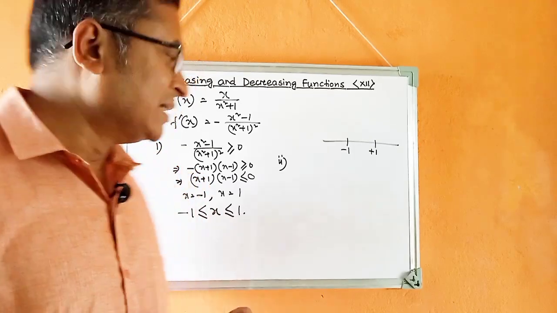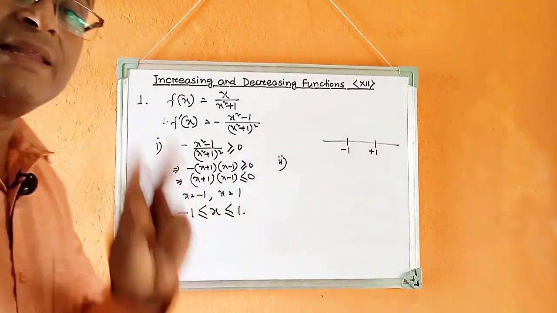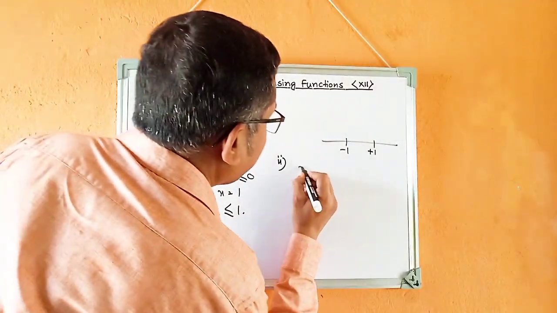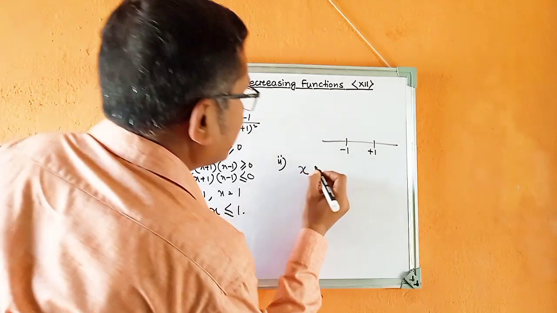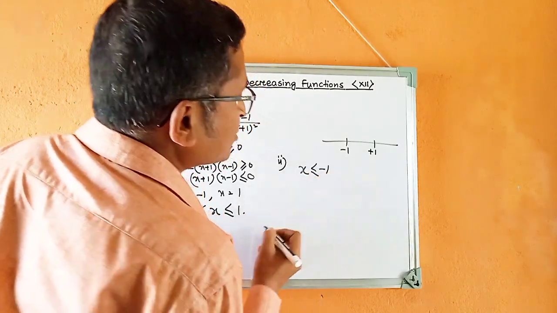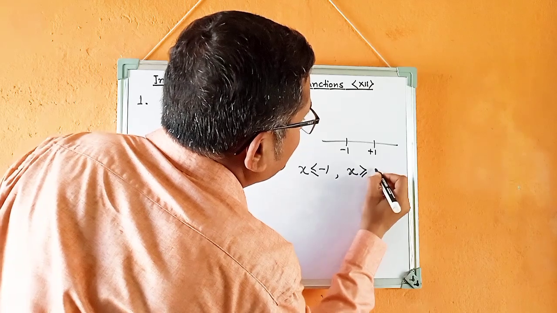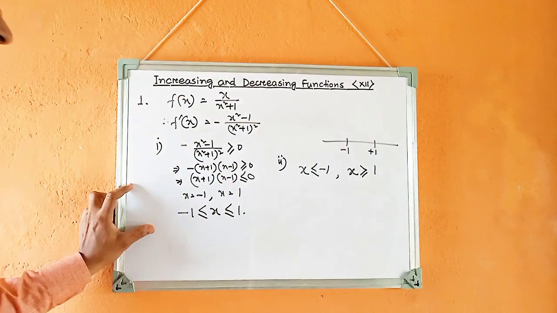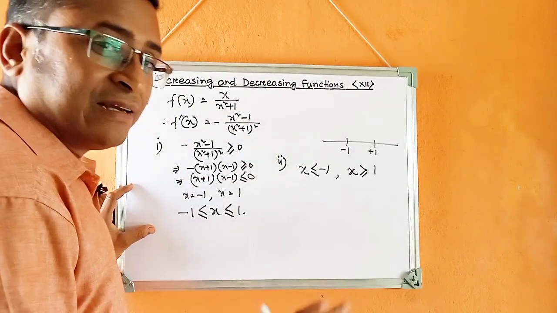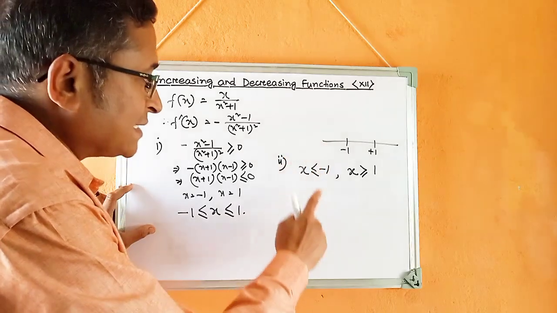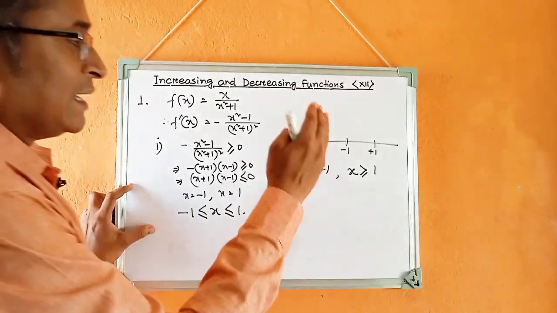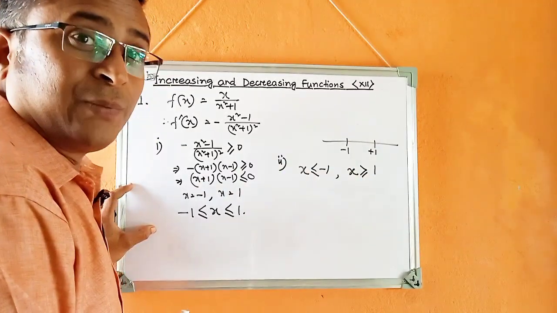So in case of decreasing function, the value of x is less than equal to minus 1, and x greater than equal to plus 1. I repeat, in case of decreasing function, x less than equal to minus 1 and x greater than equal to plus 1.